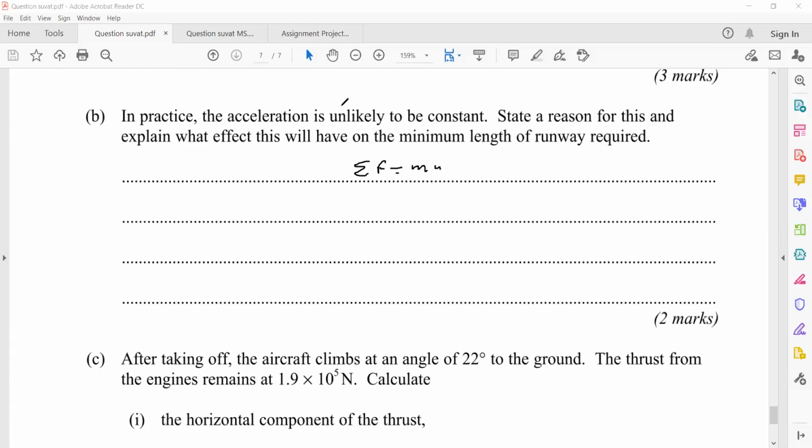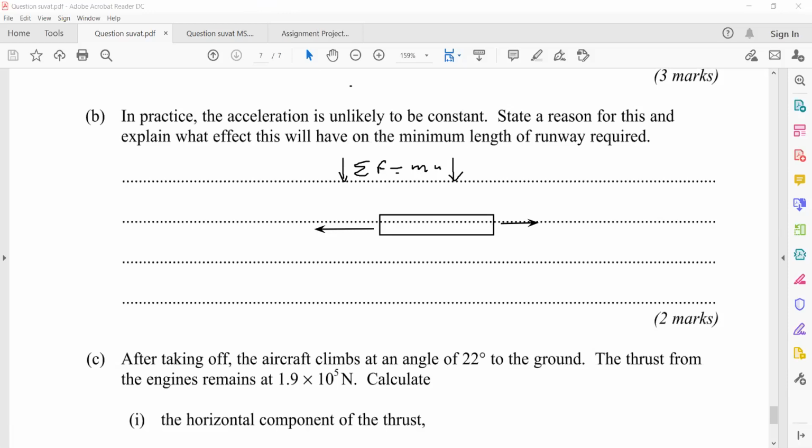As the aircraft is taking off, the driving force is constant. But as the speed increases, the air resistance also increases. If air resistance increases, because the two forces are in opposite direction, resultant force decreases, which reduces the acceleration. So if acceleration is small, it means it will take longer time or cover greater distance to reach 82 meter per second.